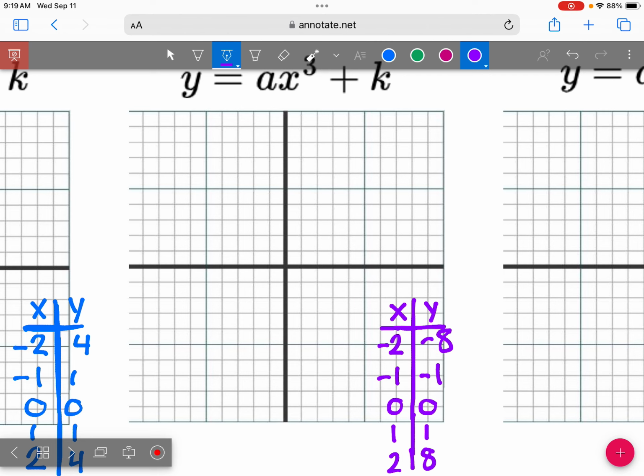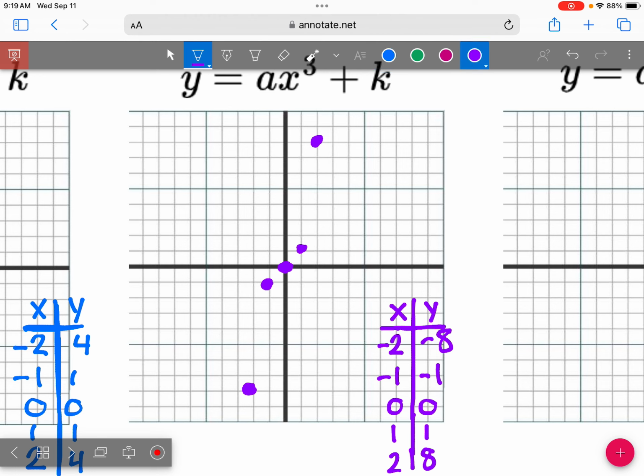So plot up our points. -2, -8, for you guys to be just slightly off the graph. -1, -1. 0, 0, 1, 1, and 2, 8. So again, it's going to be just a little bit off your graph.